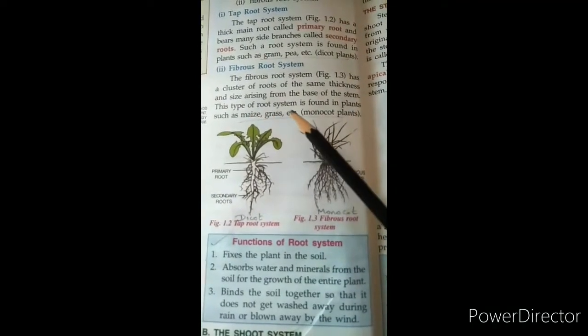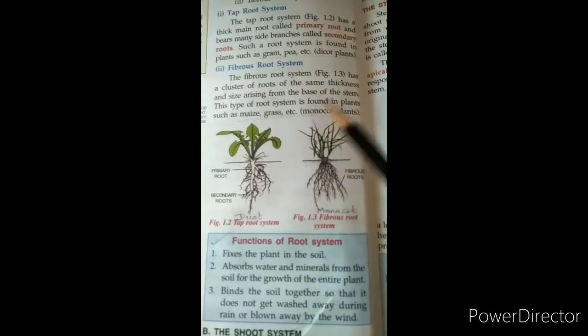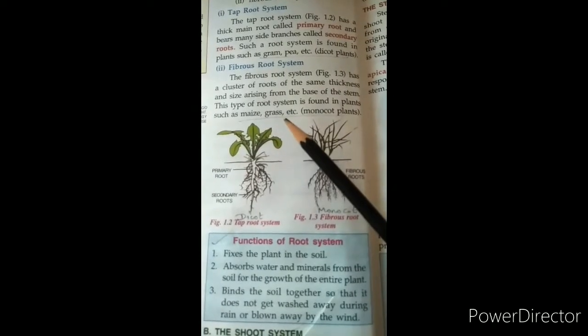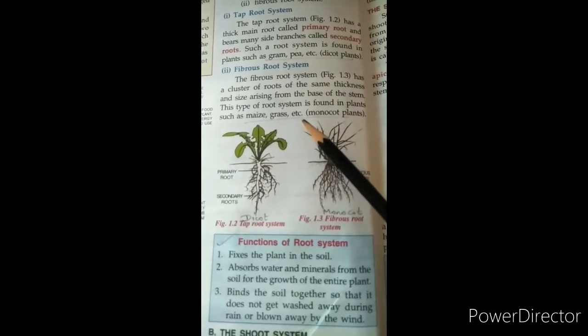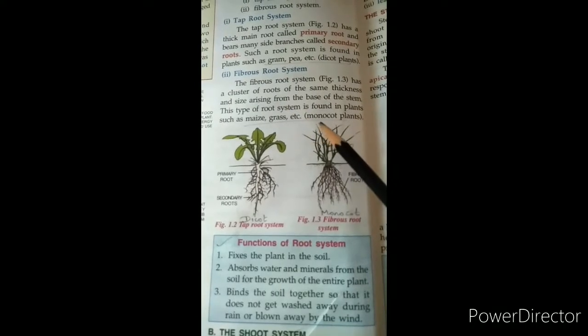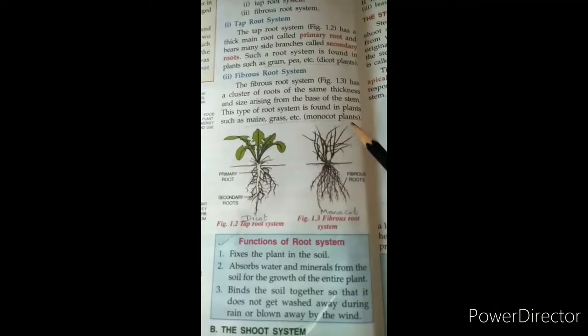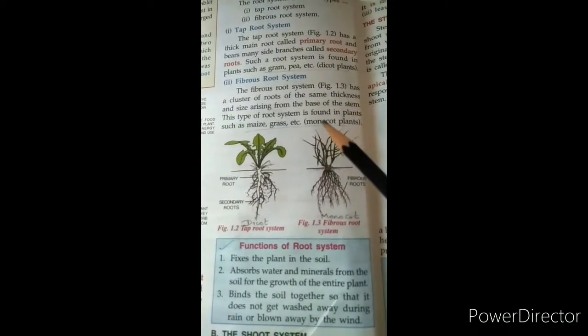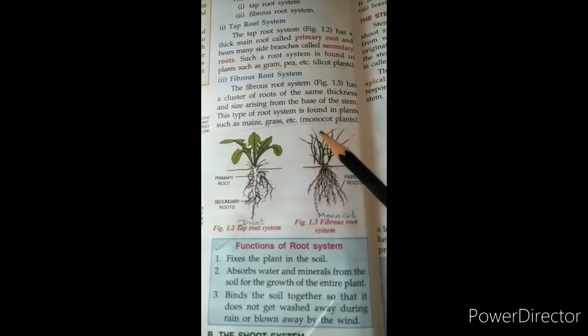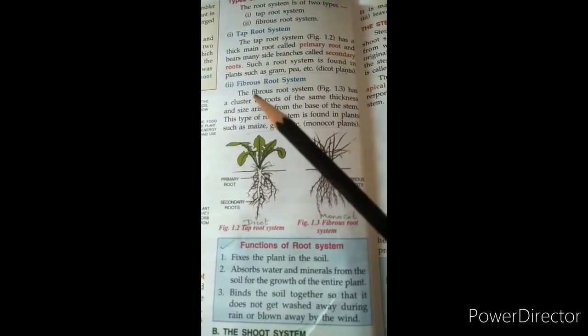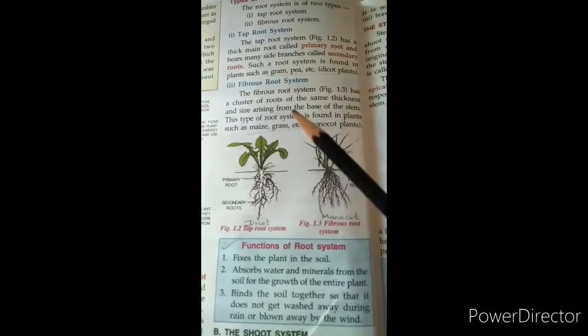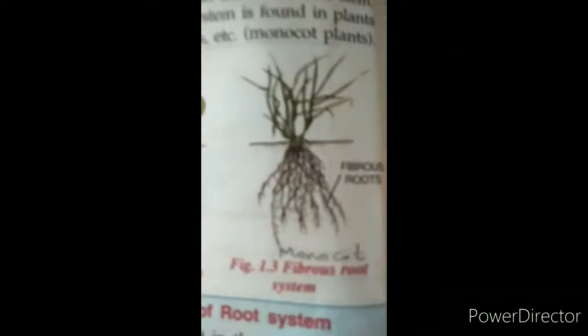This type of root system is found in plants such as maize, grass, etc. Actually, they are very commonly found in monocot plants. Monocot means single cotyledon.